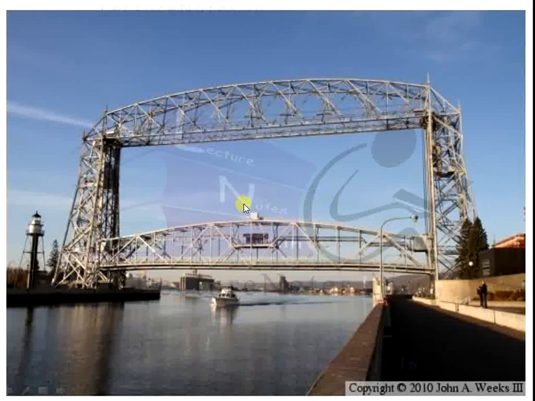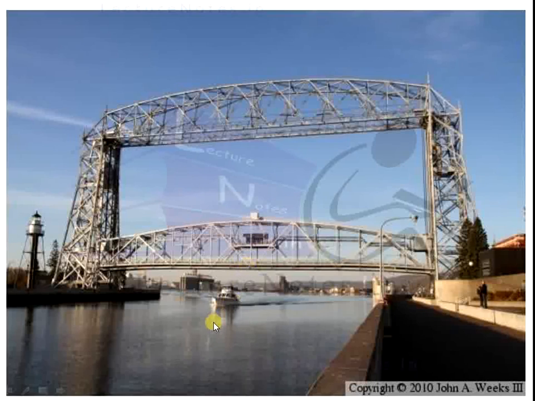Here we see the vertical lift bridge, where the width of the river is equal to the span of the bridge. This span is lifted with the help of the pulley, and the pulley is connected to a counterweight at the other end. The span is lifted vertically up to free the channel for navigation.